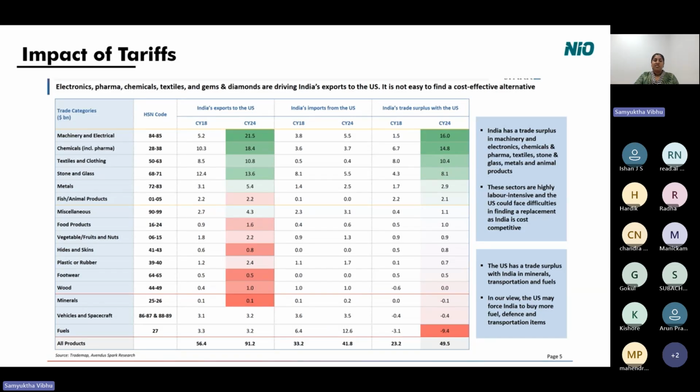So this is a chart which quickly shows you what's the impact of tariffs. We have a trade surplus with the US when it comes to machinery, chemicals, and textiles, but these are labor intensive sectors, right? Which means that if the US wants to replace India, then to manufacture it locally is going to cost them a lot more. So that doesn't seem like a very viable option.